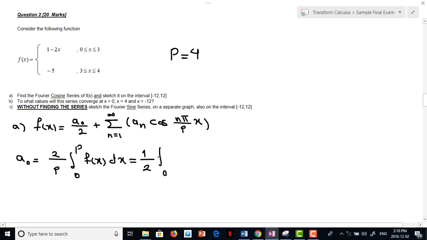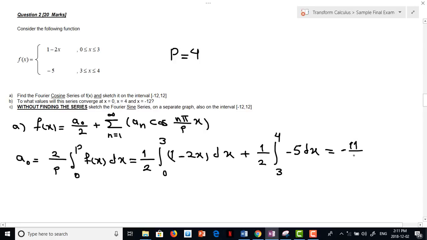So it's from 0 to 3, 1 minus 2x dx, plus, when x is from 3 to 4, we have minus 5 dx. You can easily find this integral. You're going to end up with a0 equal to minus 11 divided by 2.